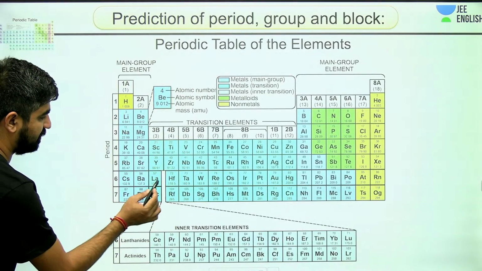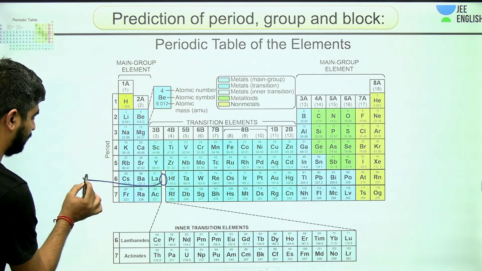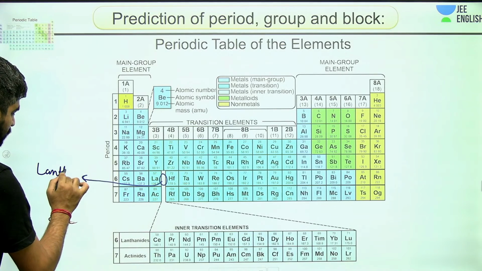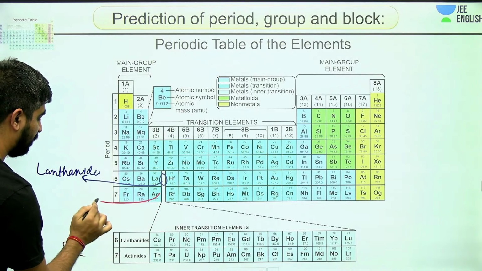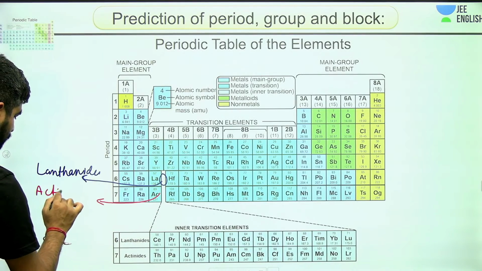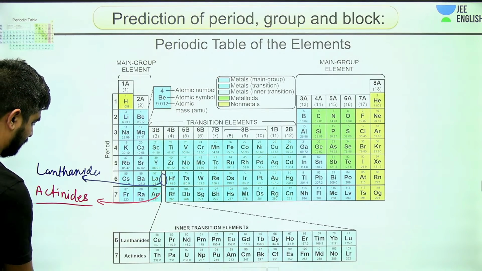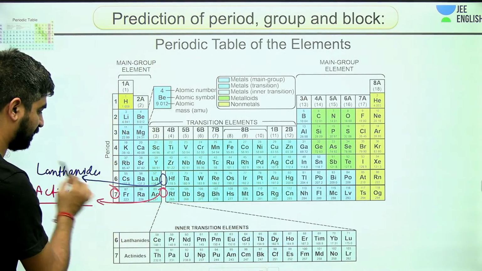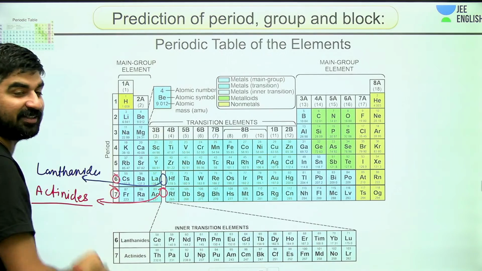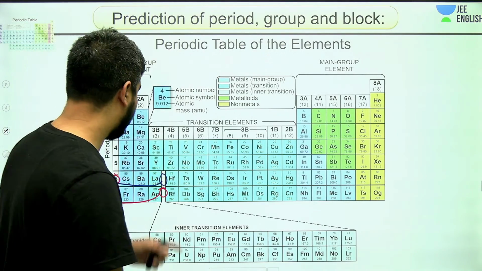Again, I am telling you guys, here we have lanthanides and here we have actinides. Are you getting it now? Actinides are present in the 7th period. Lanthanides are present in the 6th period.